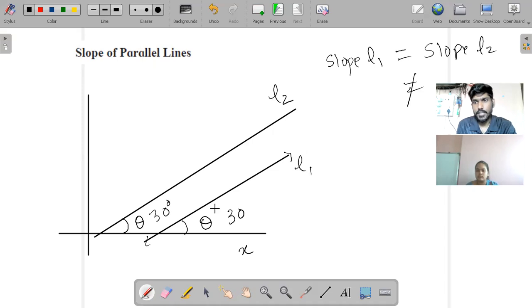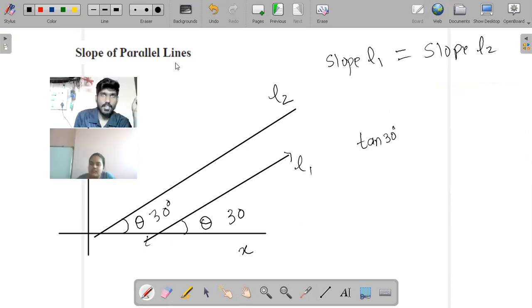And we know tan 30 is how much? Tan of 30 is 1 upon 2, no, 1 upon root 3. Is it 1 upon root 3 or is it 1 upon 2?